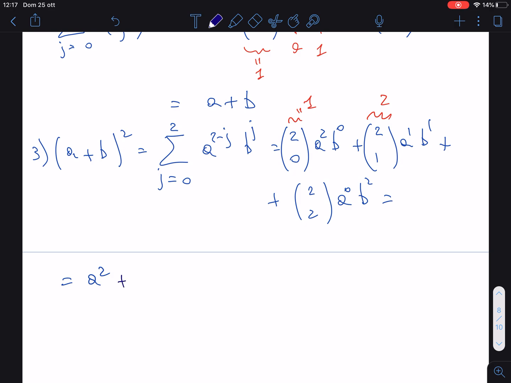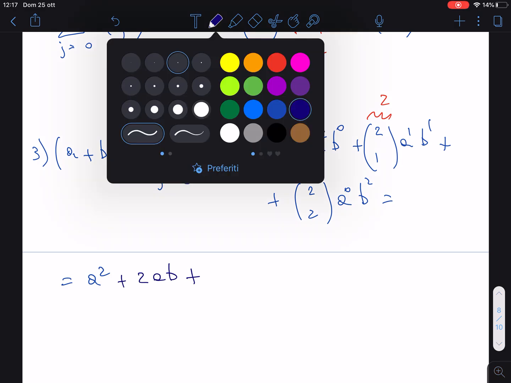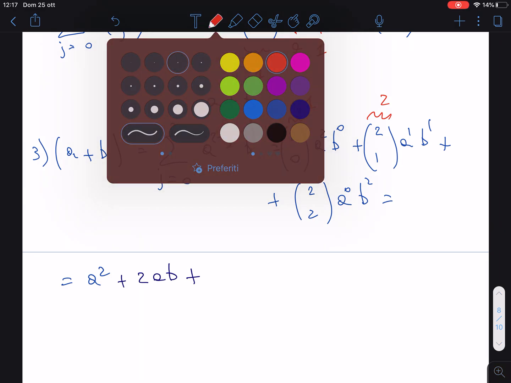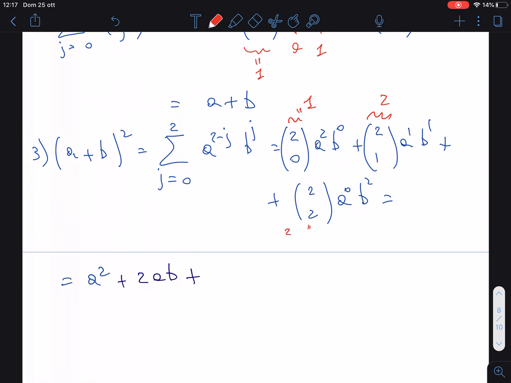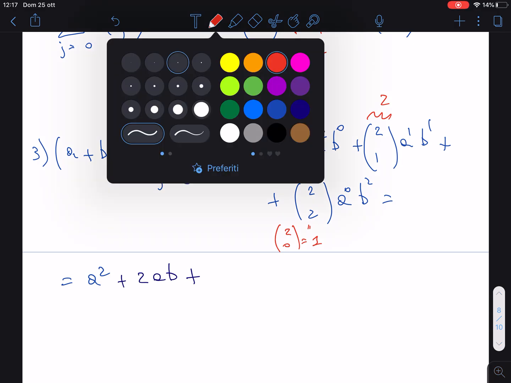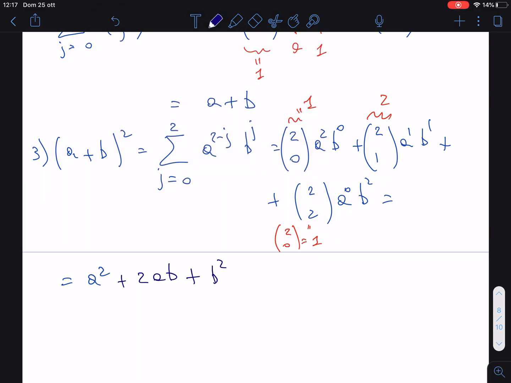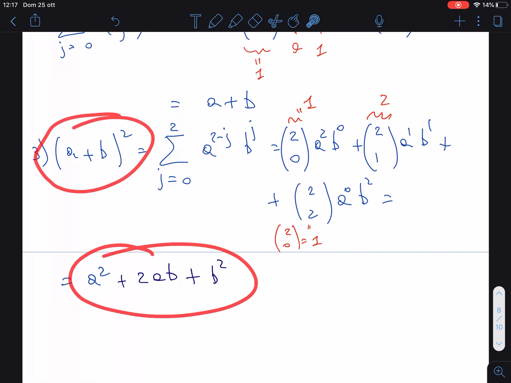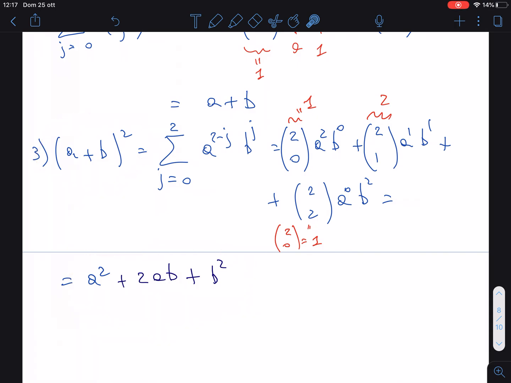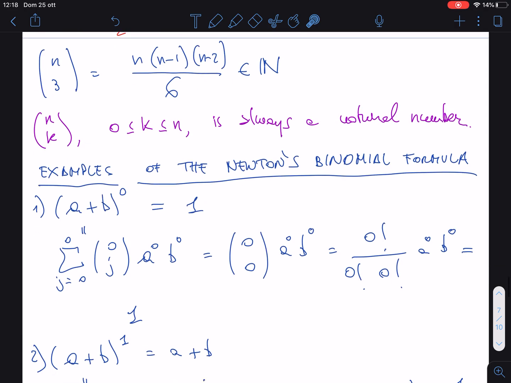So a squared plus 2ab, plus, and this is again 1, because if you want, you can do it in several ways, but we know that (2 choose 2) is equal to (2 choose 0), because 2 minus 2, so this is equal to 1. And here plus b squared, which is exactly the formula of the square of the binomial. So we are confident that it works, okay?